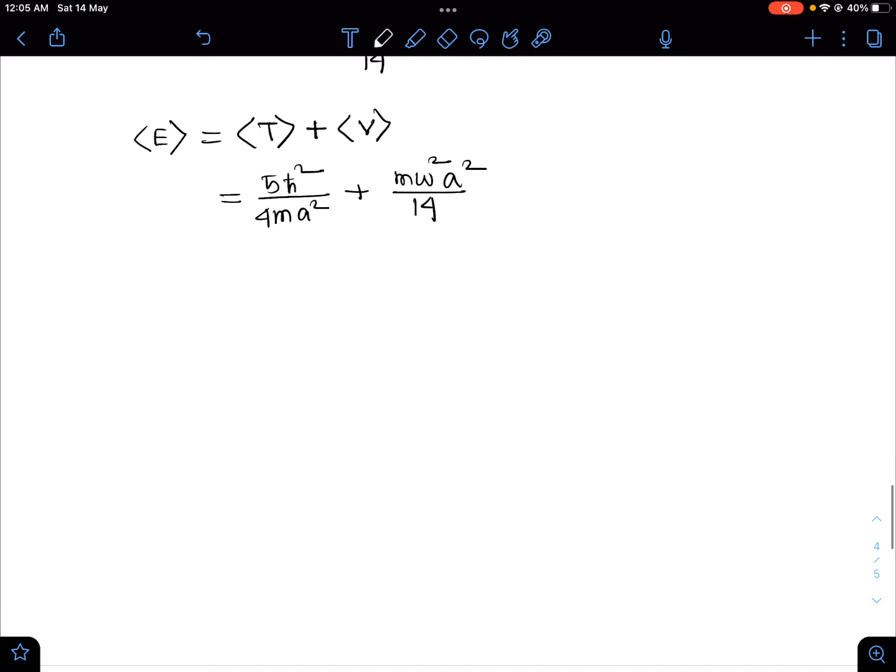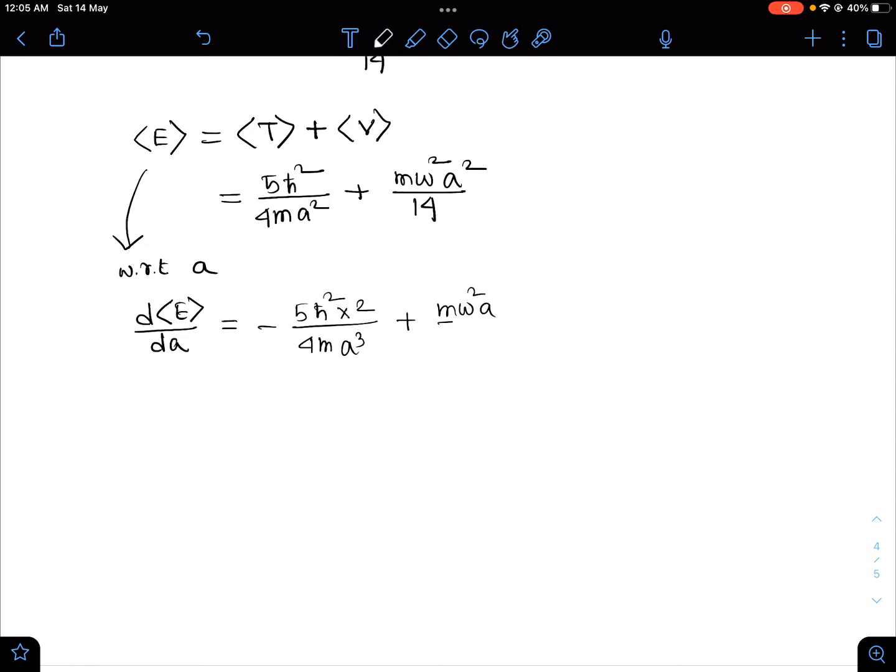So we have to now minimize this with respect to a. So let us do that. So dE/da. So what will be the value? It will be minus 5ħ² by 4m, and here will be 2, and here it will be a³, plus we will have m ω² a by 7.